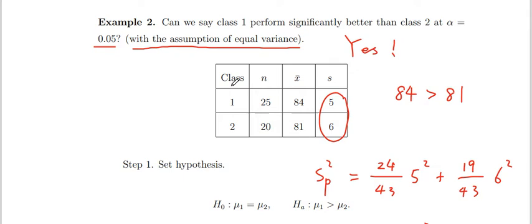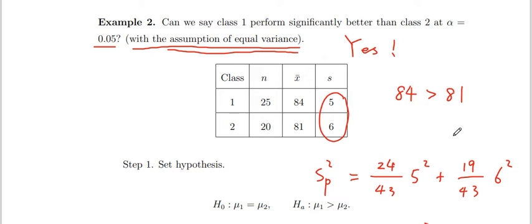If this assumption is true, then our conclusion is true: class 1 performs better than class 2. Certainly we have this question: how can we know this assumption is true? Like 5 and 6, how can we regard these two numbers as quite the same? This is another story.